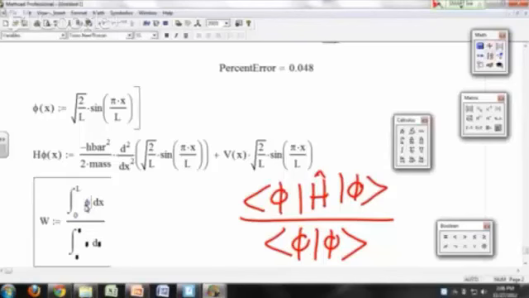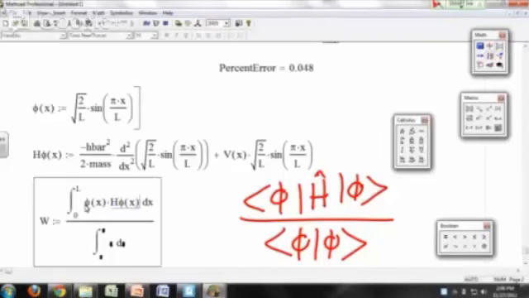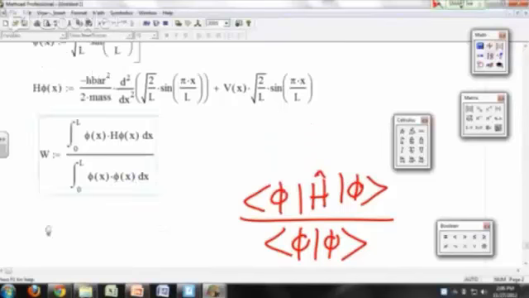So phi of x times h hat phi of x divided by, so this one's an integral from 0 to L dx of what goes down here? Phi of x times phi of x, and everything is real. We don't worry about the complex conjugate. Right? So we get that expression for W, and our W is going to be 5.753.